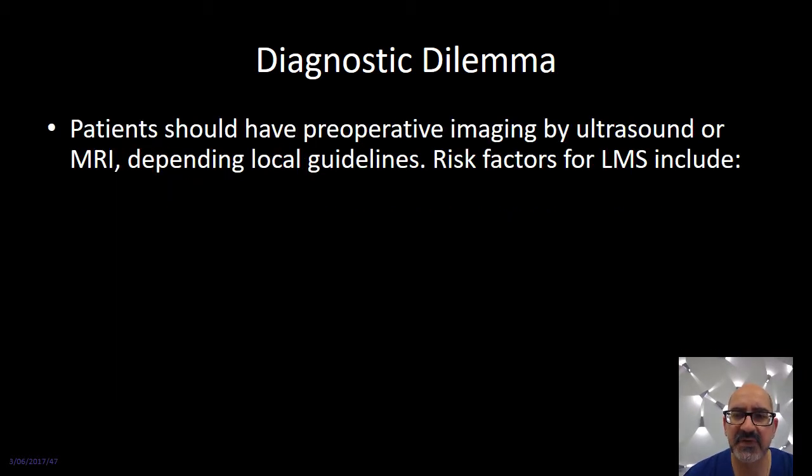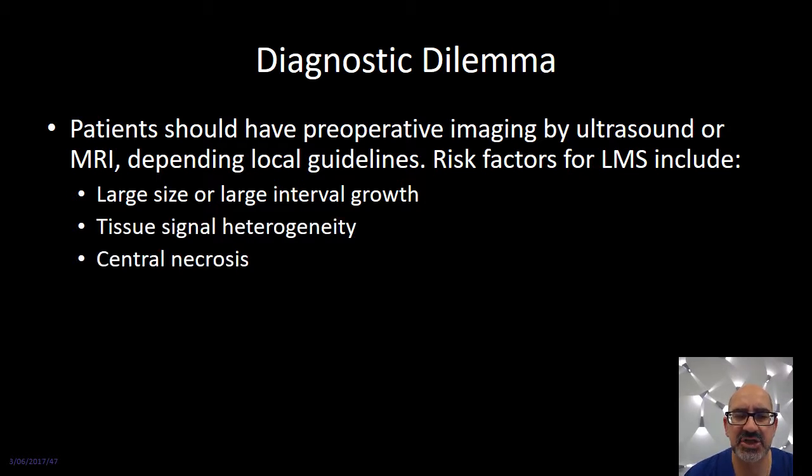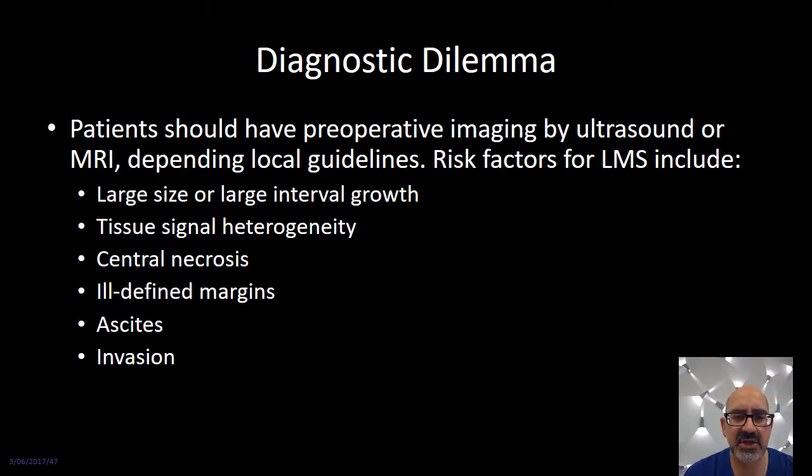Patients should have preoperative imaging by ultrasound, and we fell short of recommending MRI for everyone, as the risk factors for leiomyosarcoma increase at large size, tissue signal heterogeneity, central necrosis, ill-defined margins, ascites, and invasion. Now, some of these, such as large size, tissue signal heterogeneity, and central necrosis, also occur with non-malignant disease. Obviously, invasion and metastases are evidence of malignancy.